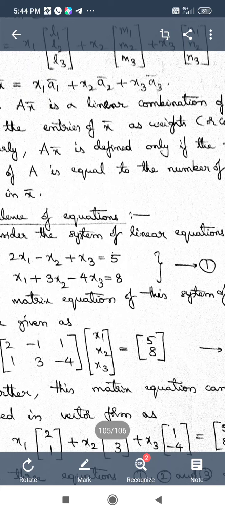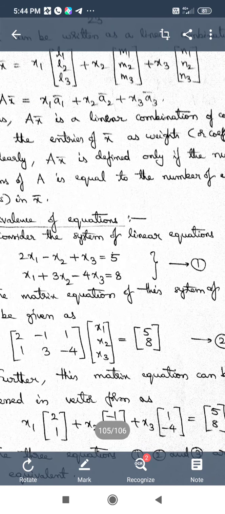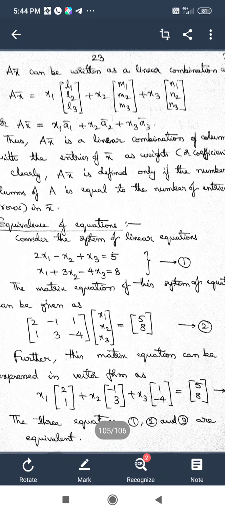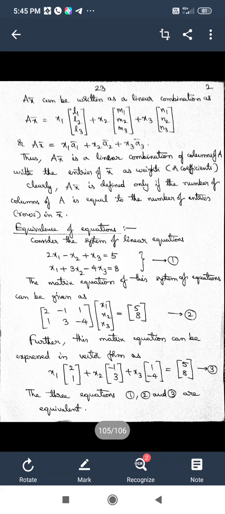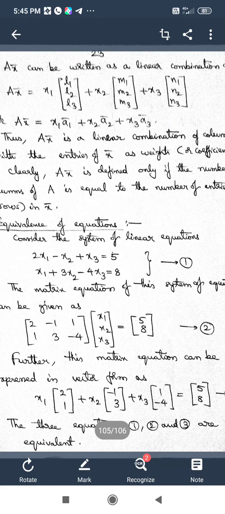The numbers in A are the coefficients of the variables in the given two equations. This represents the matrix equation of the above linear system of equations.